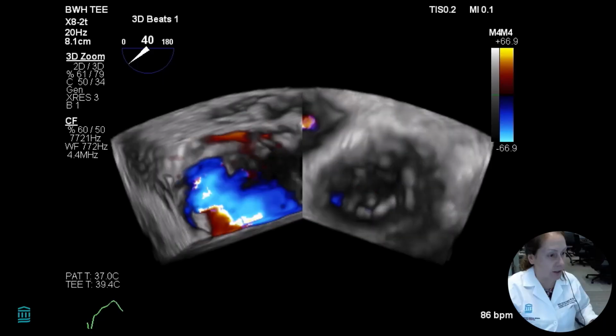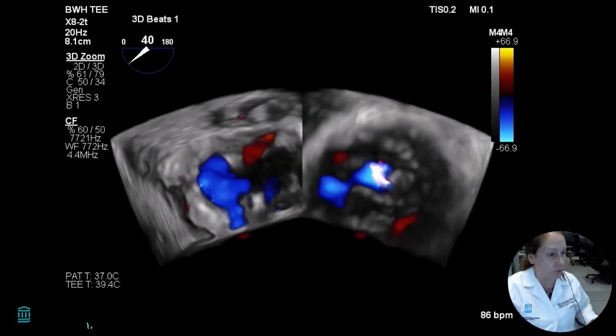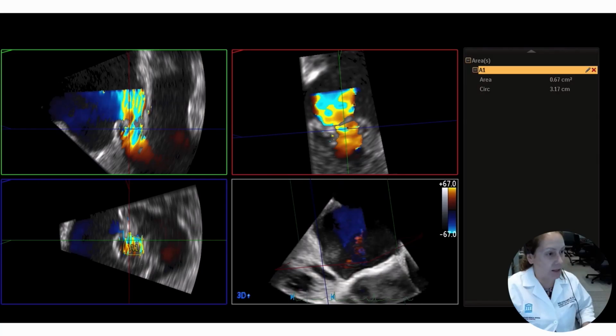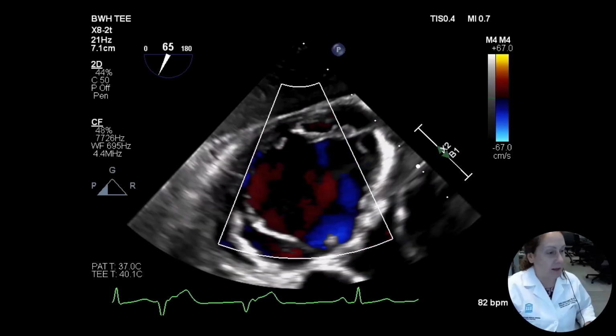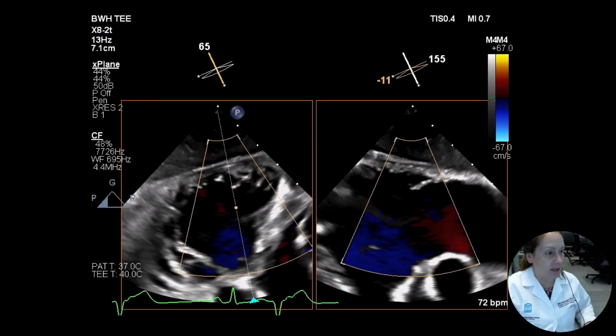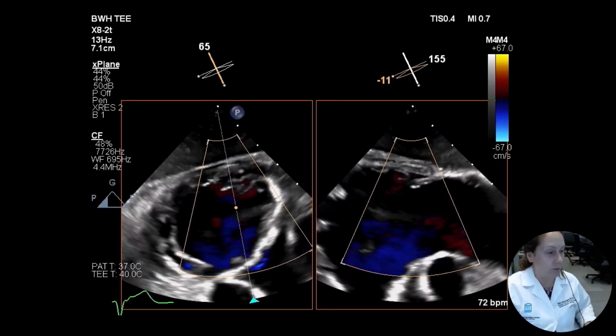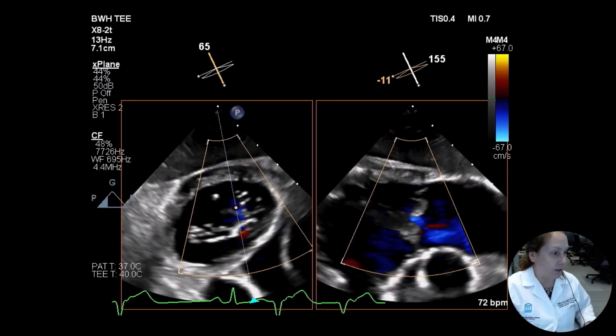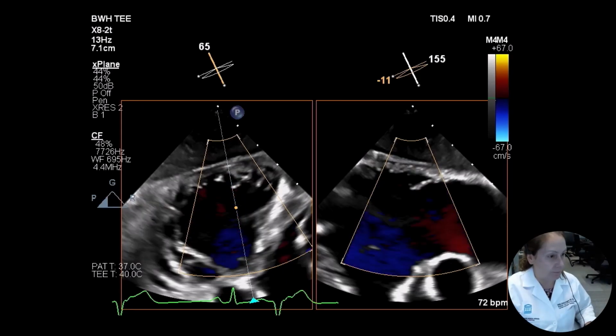And this is where I'm also starting to do my color. And then this is the 3D reconstruction that we do with MPR. And practically, we assessed the tricuspid regurgitation that the patient had, and you can see here with the X-plane that it proved to be moderate tricuspid regurgitation.